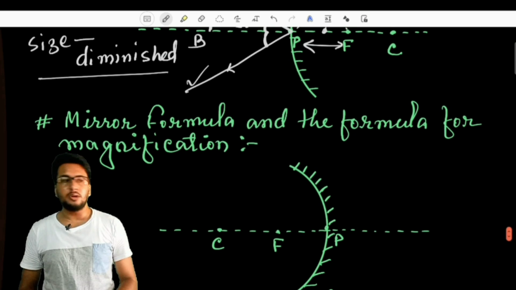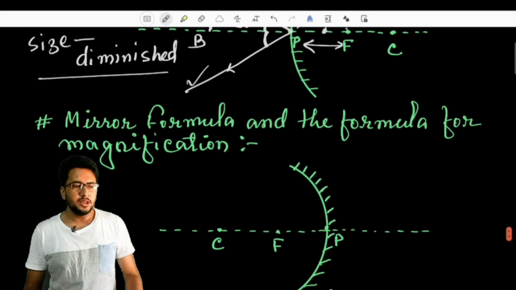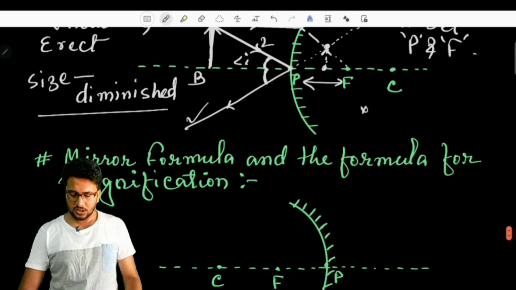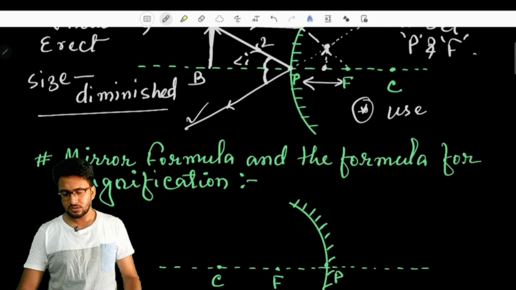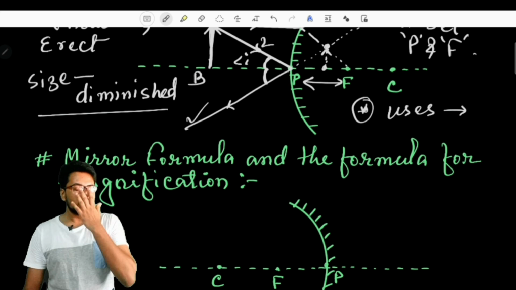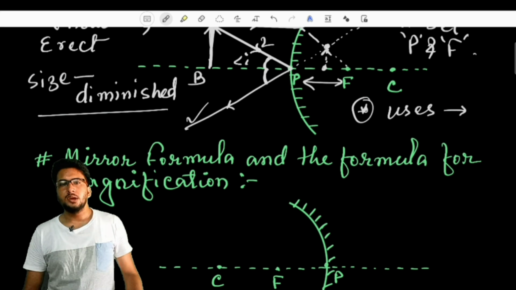Now if we talk about the uses of convex mirror, then I forgot to note a point mentioning the uses of a convex mirror. The uses of a convex mirror are seen in the reflectors of street lights.